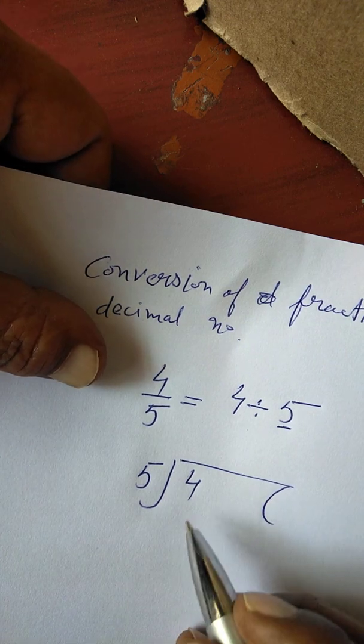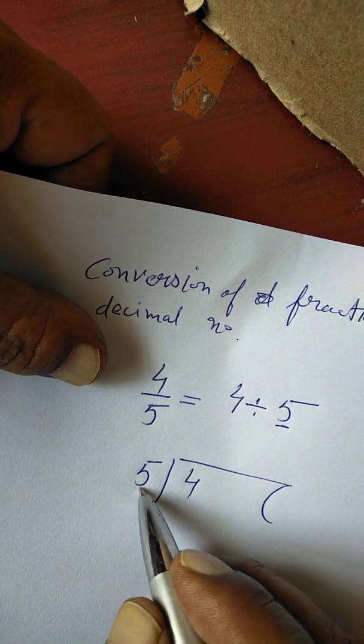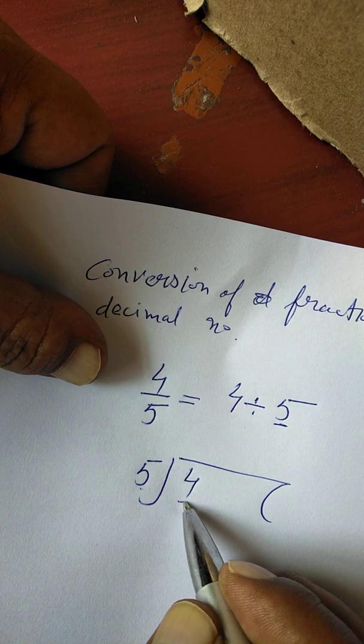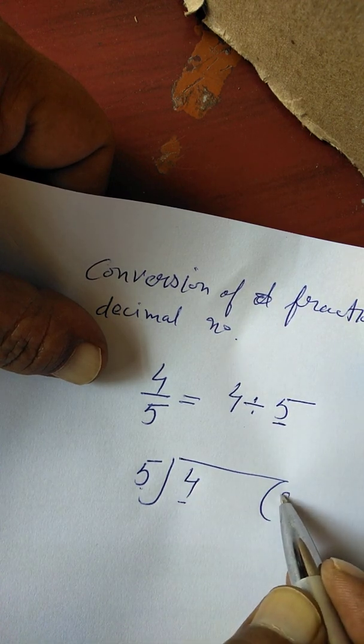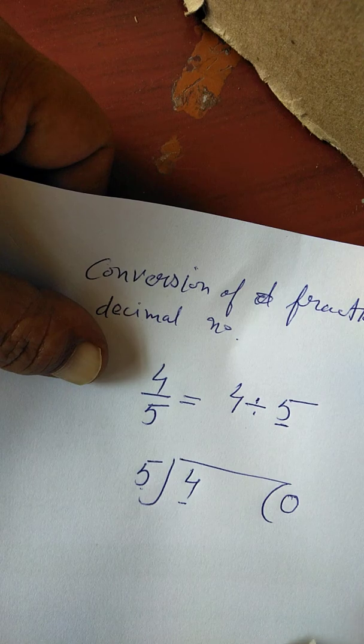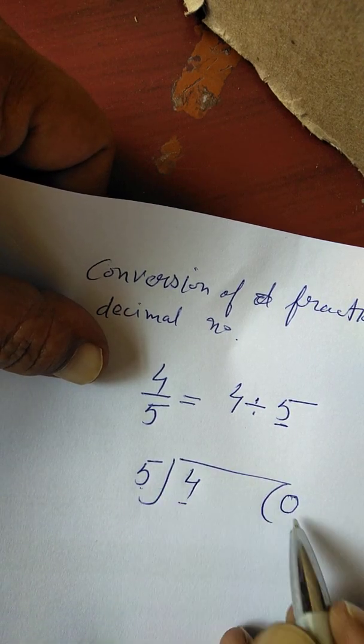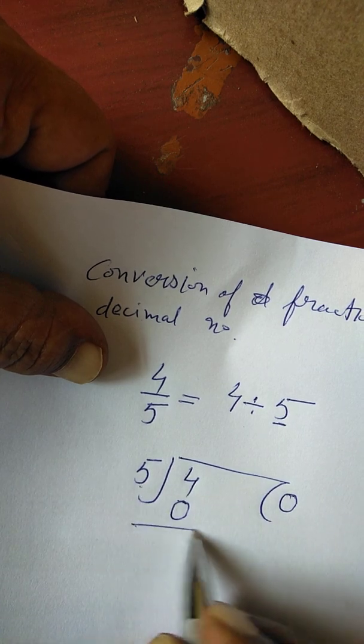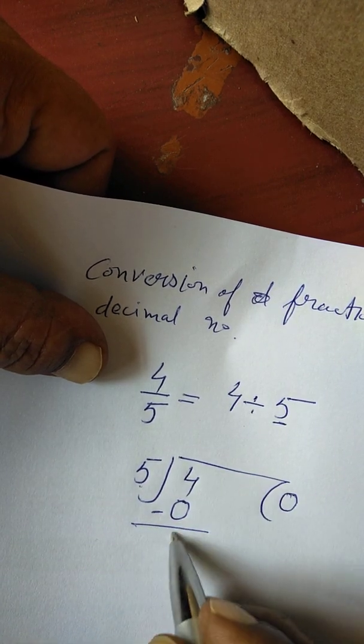Now recite the table of 5. In the table of 5, does 4 come or not? It will not come. So you will divide it by 0. 5 zeros are 0. 4 is less than 5. Subtract it.